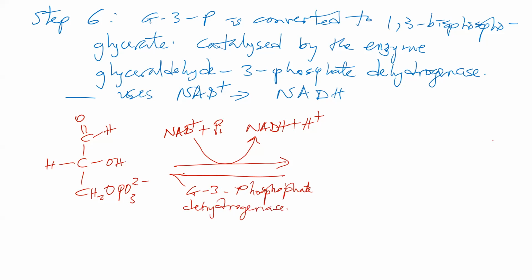Like that. What we are producing is 1,3-bisphosphoglycerate. So at carbon number 1 and carbon number 3, we have phosphoryl groups. So PO3 2 minus. Then we have OH. We have an H there. And we have CH2OPO3 2 minus.